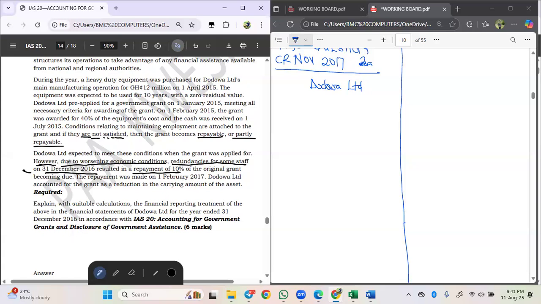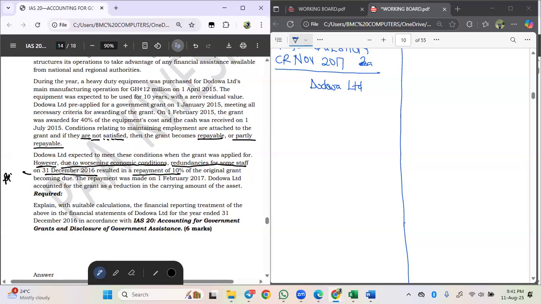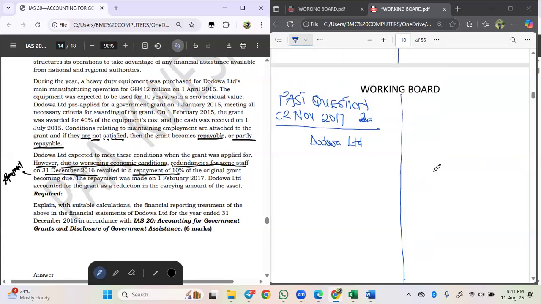Explain with suitable calculations the financial reporting treatment of the above in the financial statements of Dodowa Limited for the year ended 31st December 2016 in accordance with IAS 20, accounting for government grants and disclosure of government assistance.